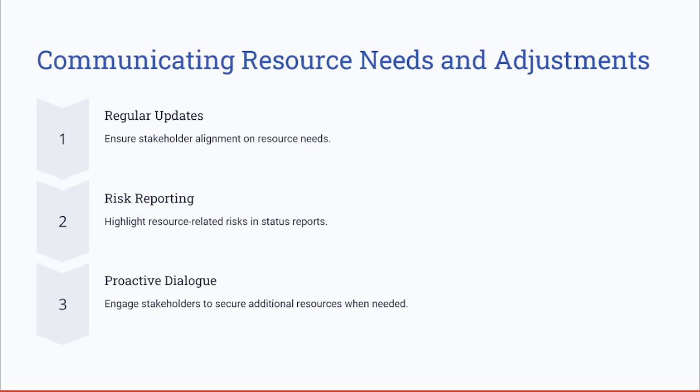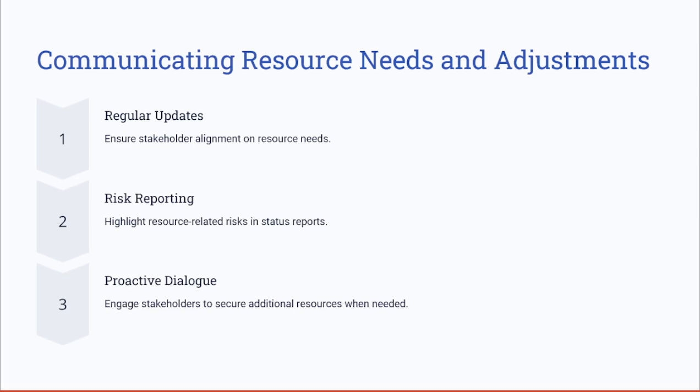So you need to regularly communicate with the stakeholders to ensure the alignment on the resources needed. Also utilize the status reports by your team to highlight the resource related risks in case you face any resource limitation. These status reports can help you predict whether you are going to face any resource related risks, and then you can apply the mitigation plan to avoid impacting the project constraints.